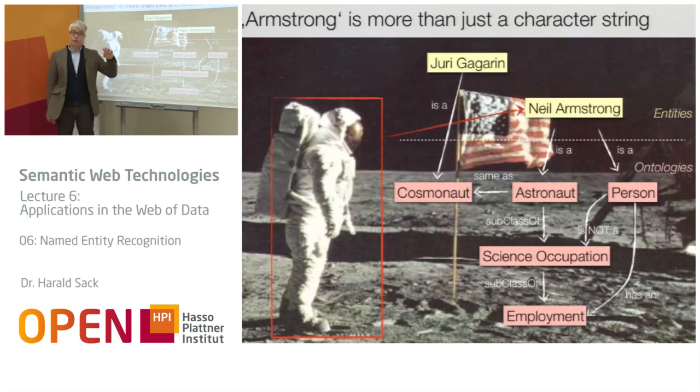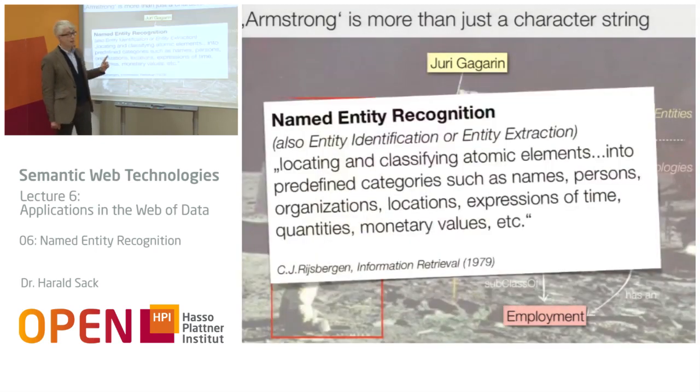And to get from a string or a symbol to the knowledge representation, or to get the mapping, this process is often called named entity recognition, or also entity identification or entity extraction.